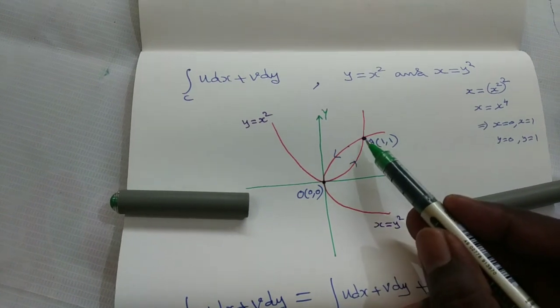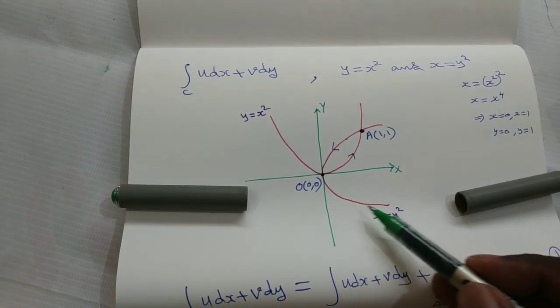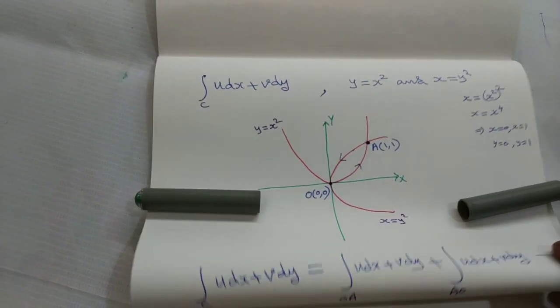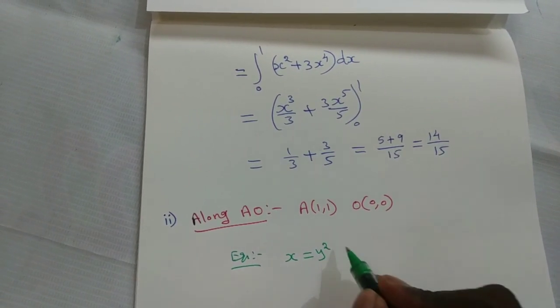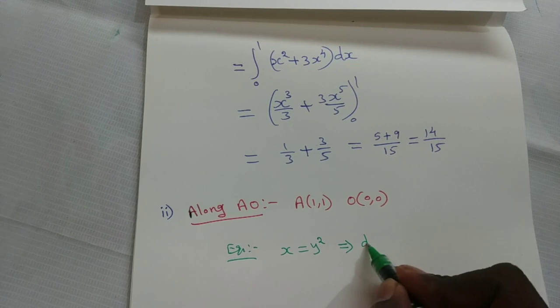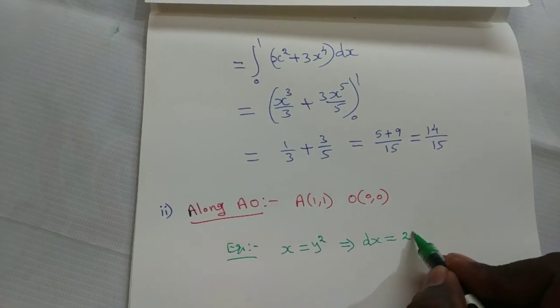You see from the diagram, what is the equation of AO? The equation of AO is x equal to y square. From this, dx is equal to 2y dy.